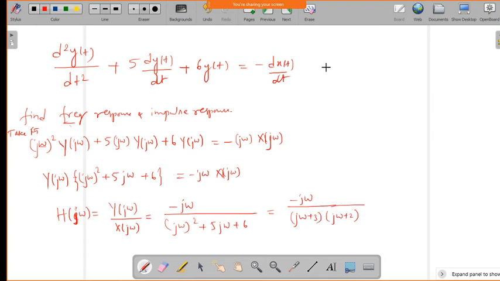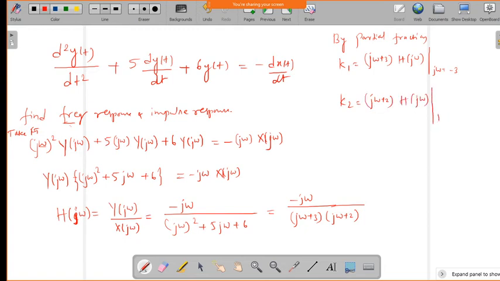So now by using partial fraction, we need to get the values of k1 and k2. So k1 is equal to (j omega plus 3) into H of j omega at j omega equal to minus 3, and k2 is (j omega plus 2) into H of j omega, evaluated at j omega equal to minus 2.